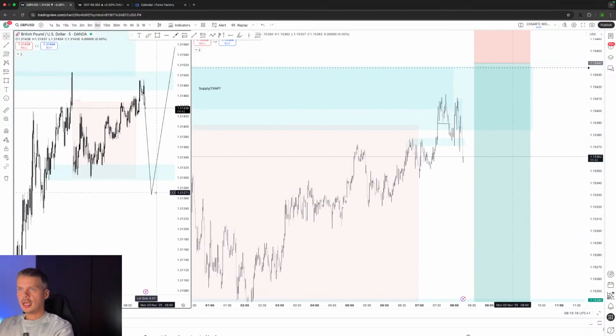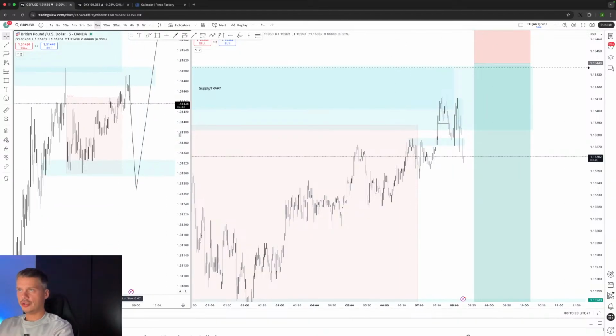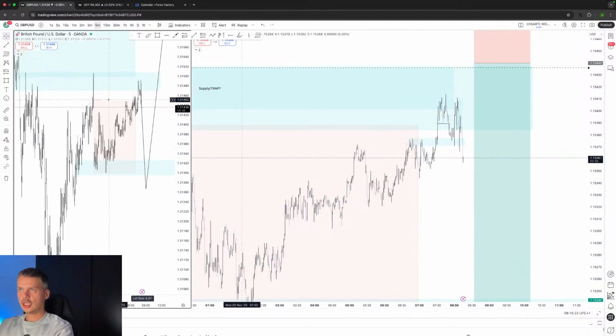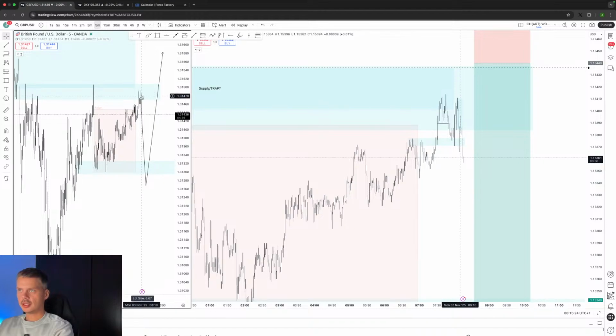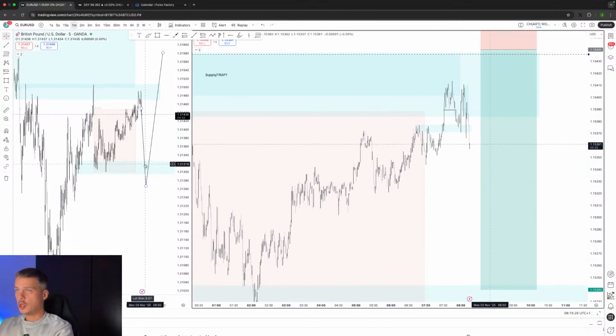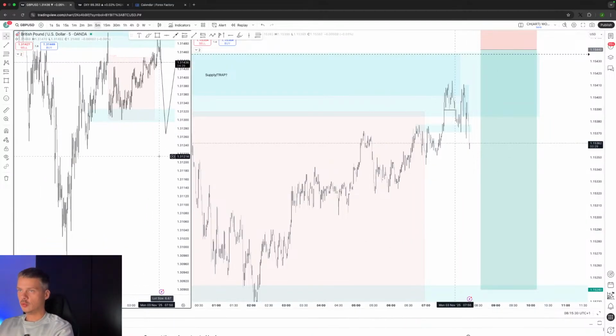We keep an eye on GU as well, right? Because if GU decides to push down, we might get that entry long, we might see it.